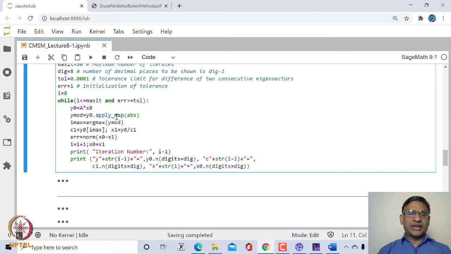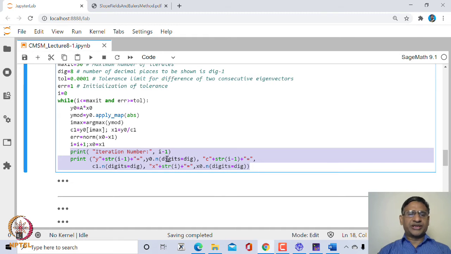So that is y naught dot apply_map absolute value. apply_map will apply this function to each entry of this list, and then define the argmax of this, and then take C1 to be the maximum value of y naught, and then define x1 to be y naught by C1. Then define the error term as the norm of x naught minus x1, and then increment the iteration by 1 and reassign x1 as x naught, and then we are simply printing here yi, ci and xi.